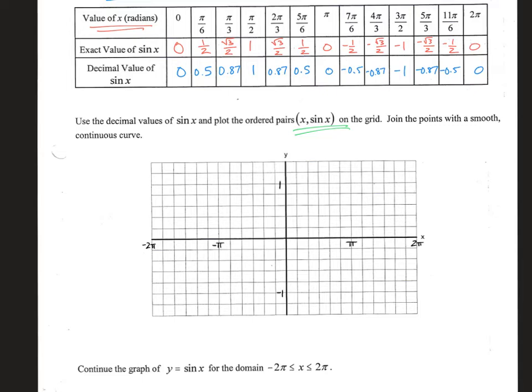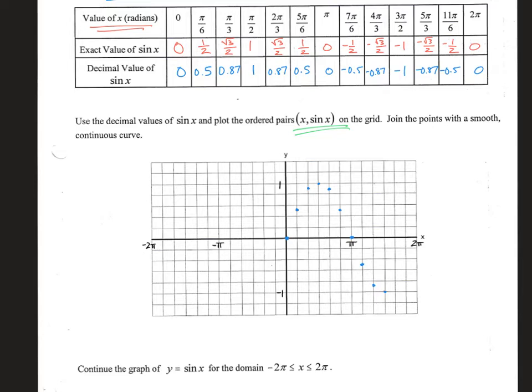So what I'd like you to do now is pause and complete plotting all of those points on your own. Pause it now. Okay, we should be back, and you should get a little confirmation that we have all of these points on our graph.